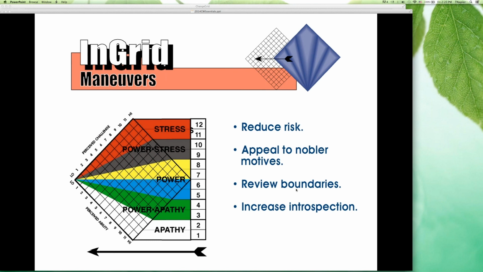Second thing we do is appeal to their nobler motives. Usually, the reason why we've been asked to do in-grid maneuvers is because this individual has trampled on the feelings of other people. They've offended other people. We've got people complaining. We've got people that are more concerned about the relationship than they are about the work at hand, and they've even misbehaved in some way that raises a couple of legal flags.